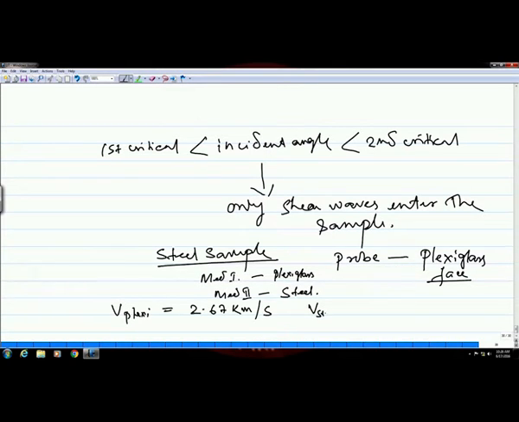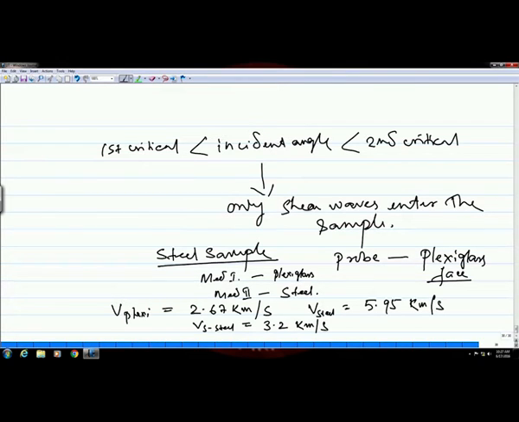Velocity of the longitudinal waves in steel is around 6 or 5.95 kilometer per second, and the velocity of shear waves, that is V S steel, that has to be lower than the longitudinal velocity. So, it is 3.2 kilometer per second. Okay.